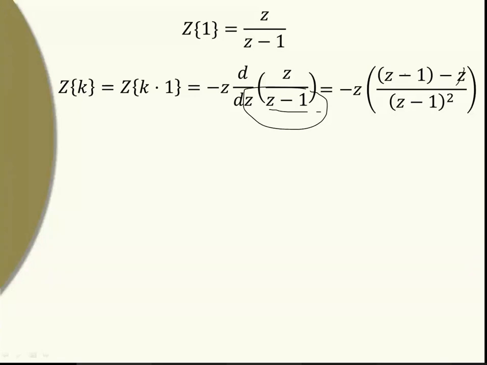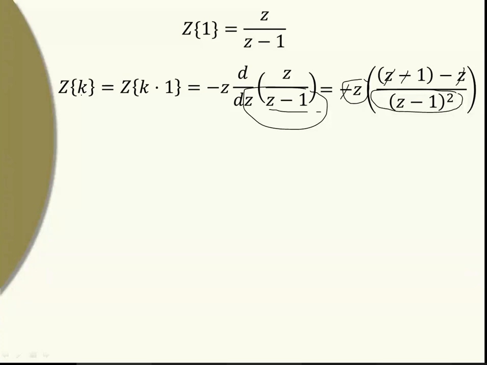This z gets cancelled, and minus minus becomes plus. So we get the answer z upon z minus 1 square. This is the Z transform of k.